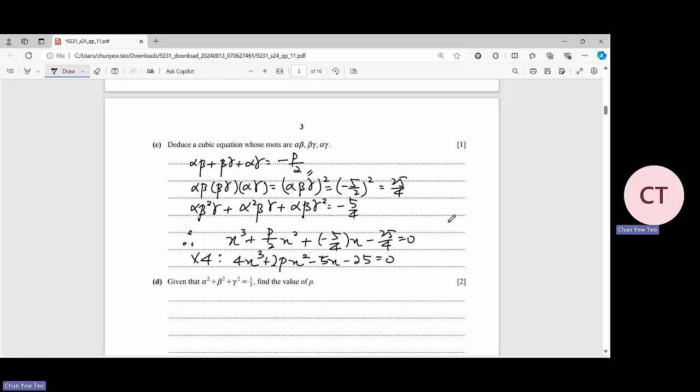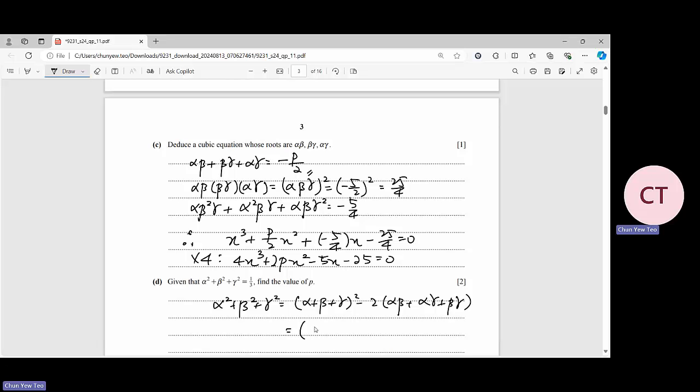Now after that, part D, they're asking you to find alpha squared plus beta squared plus gamma squared. This one is actually alpha plus beta plus gamma, all squared, minus twice the sum of the products of two roots.